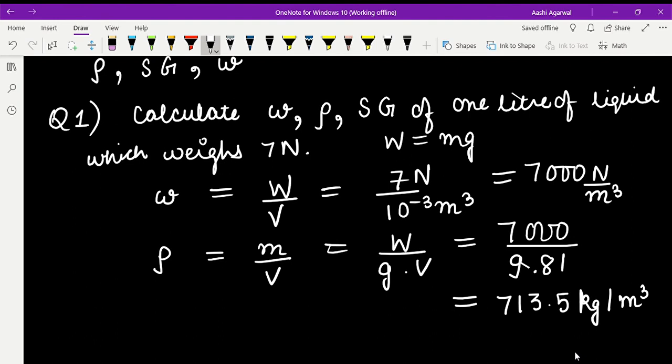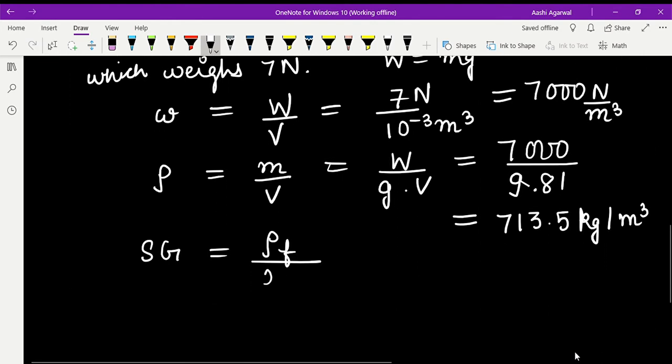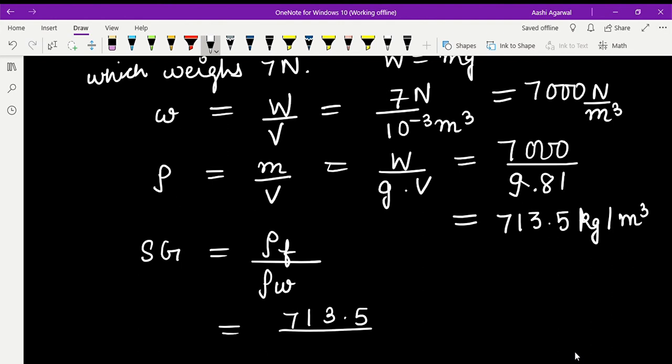Here you can find the specific gravity, which is nothing but the ratio of two densities: the density of this fluid divided by the density of water. So 713.5 divided by 1000, under the standard conditions. So the value of this specific gravity will be 0.7135. Like that, many problems you can see, and I'll give one problem to you at the end of this video, and you can try that out based on this similar concept.